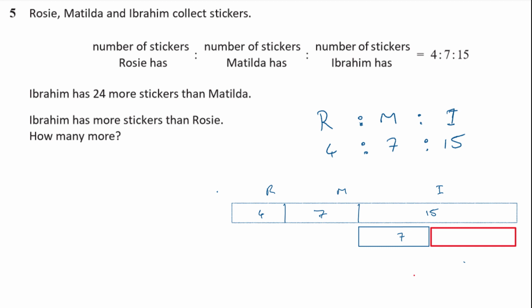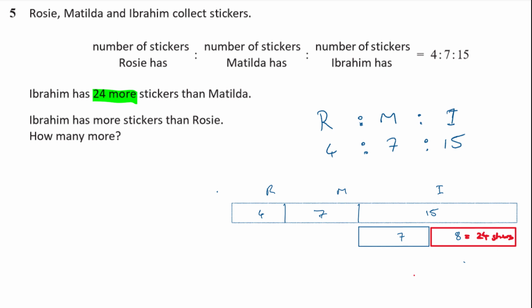So that's going to be 8 in there. But we're told that actually Ibrahim has 24 more stickers. So those 8 shares there are actually worth 24 stickers.